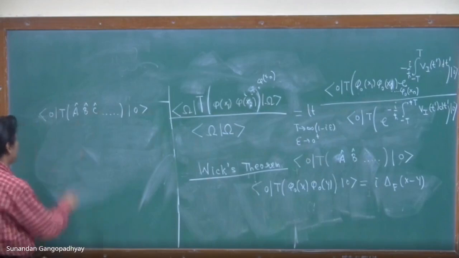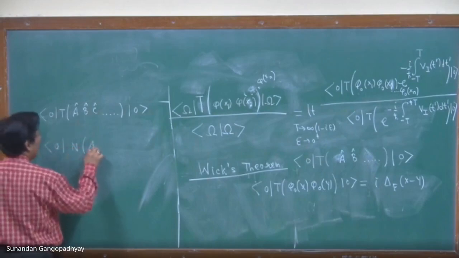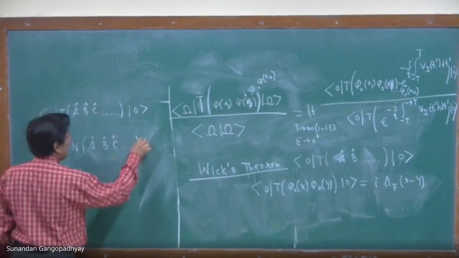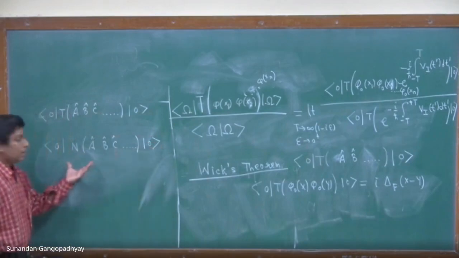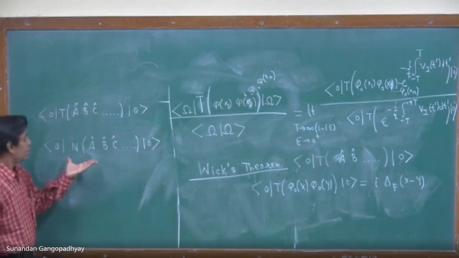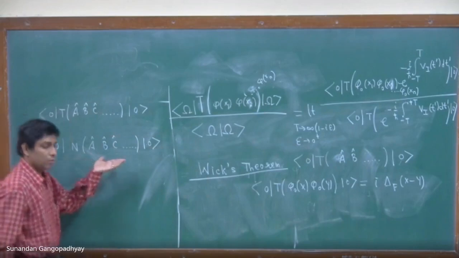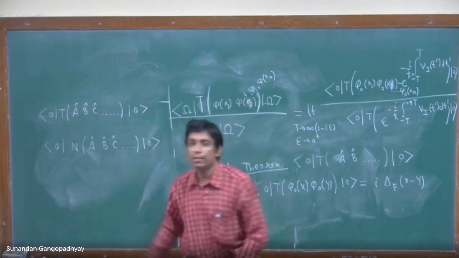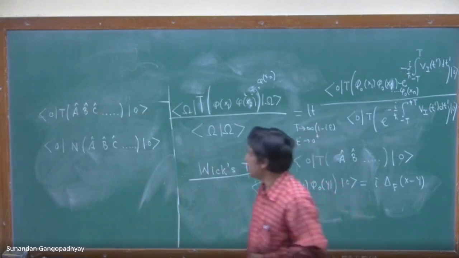But calculating this is not difficult. The vacuum expectation value of the normal ordered product of a string of free field operators. Can anyone tell me what this second quantity is?